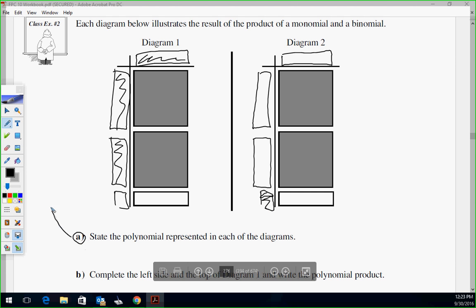So for A, I'll just do A up here. See the polynomials it represented. So this would be 2x minus 1 times x. That's the first one. The second one, negative 2x plus 1 times negative x. Okay, we just did b as well.